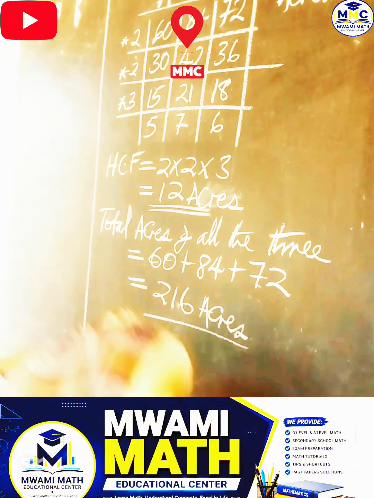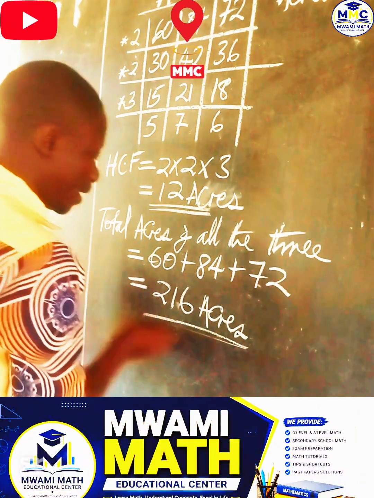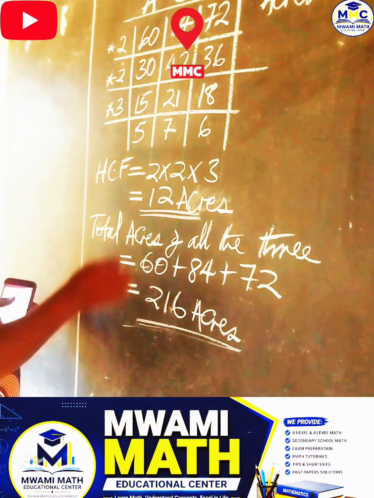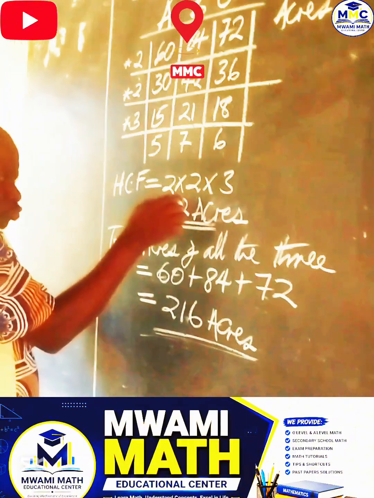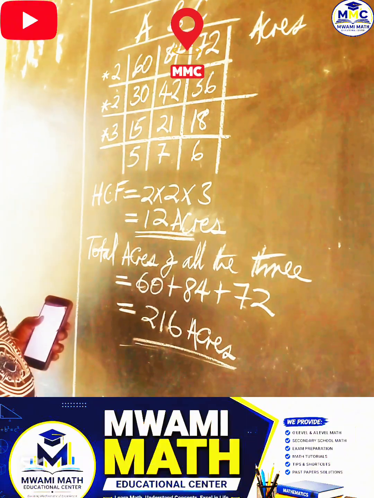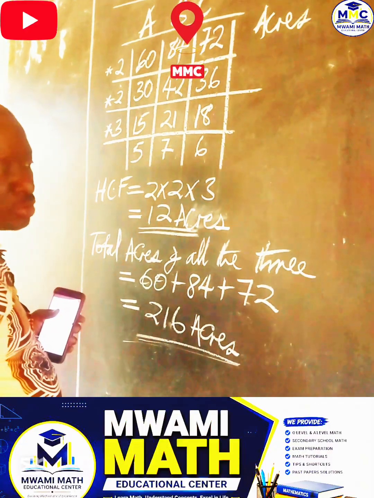After getting the total acres, 216, we want to find out how many 12-acre plots are in the 216 acres. So what shall we do?